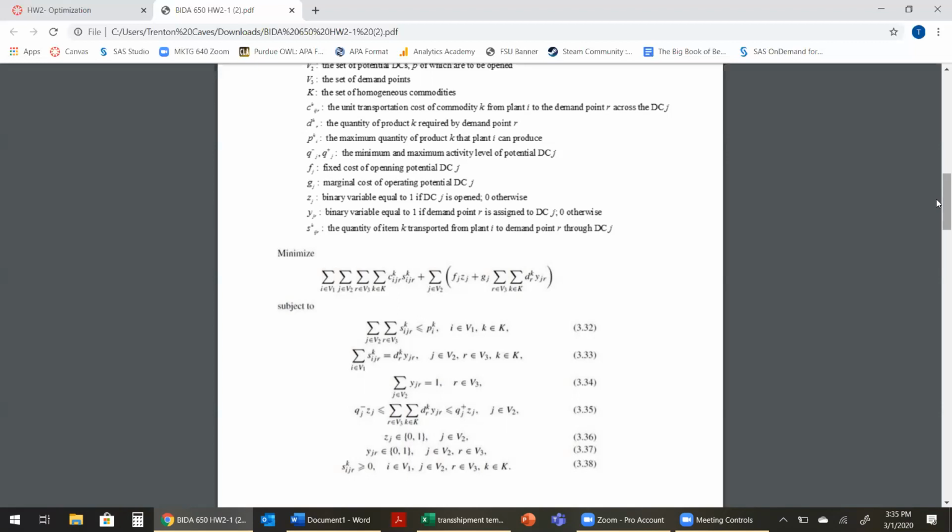So let's make sure we've got the full question answered. All right, so A, what is minimized in the objective function?